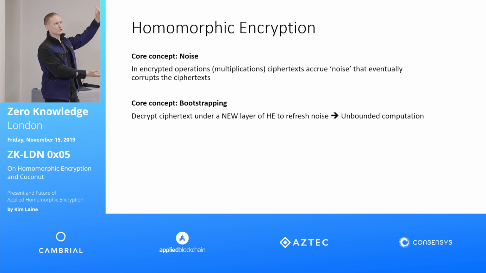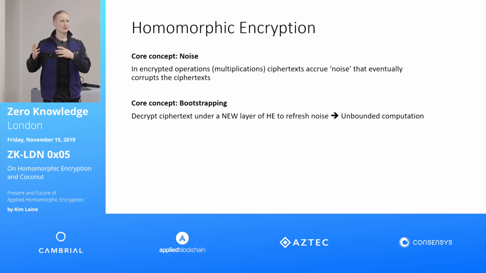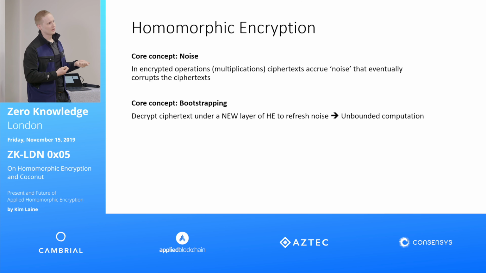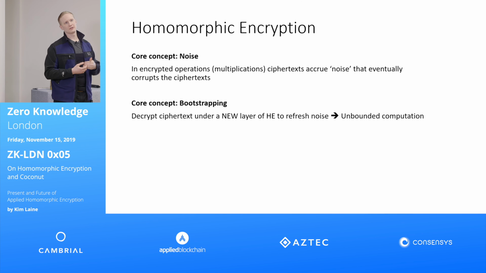You take your old ciphertext with maxed-out noise, encrypt it under a new layer of homomorphic encryption, and run the decryption circuit with the help of an encrypted version of the secret key. So you decrypt the ciphertext under a new layer of homomorphic encryption, and this refreshes the noise.